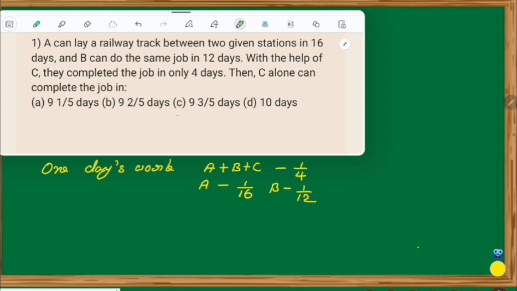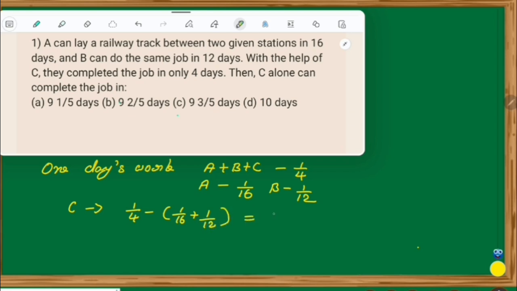To find C's 1 day's work, we subtract the work done by A plus B from A, B, C's 1 day's work. That means C's 1 day's work is 1/4 minus (1/16 plus 1/12).